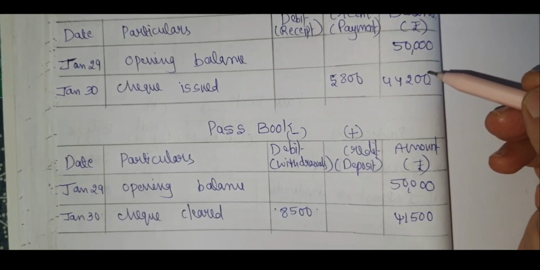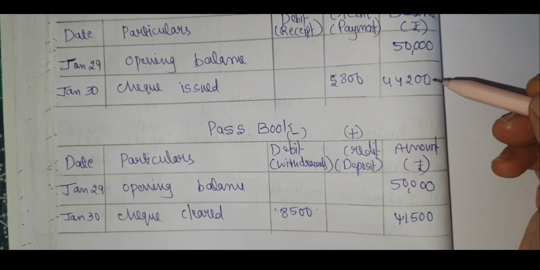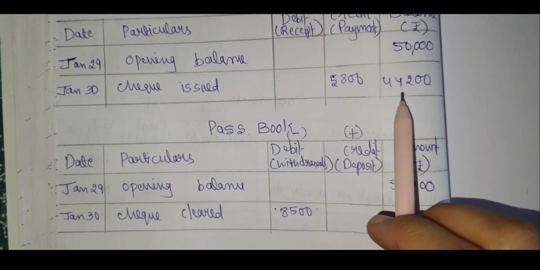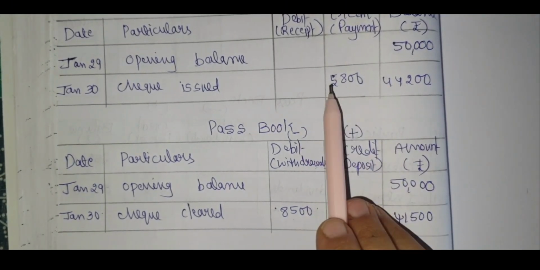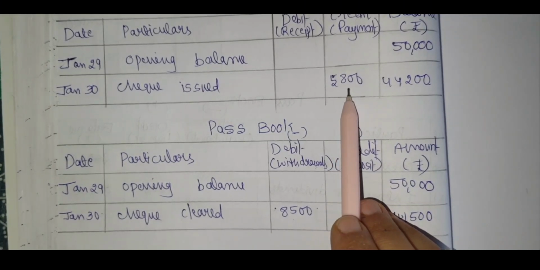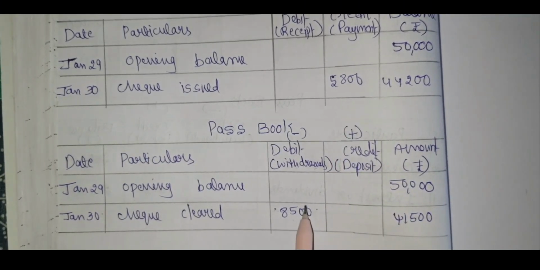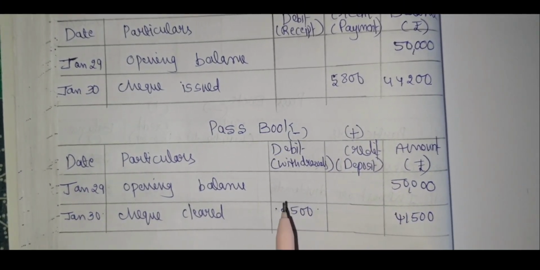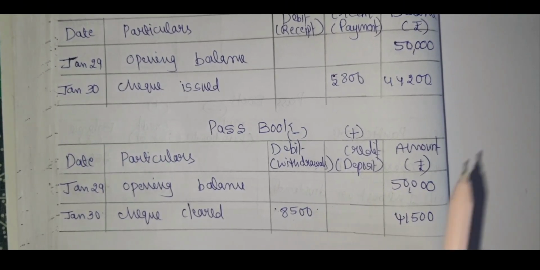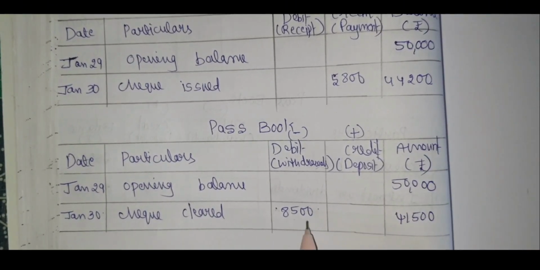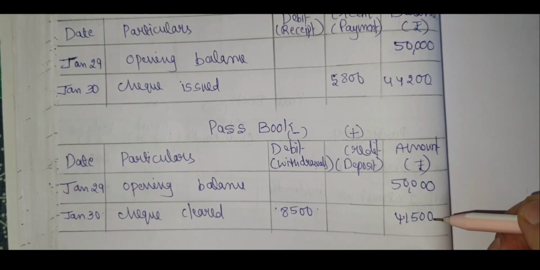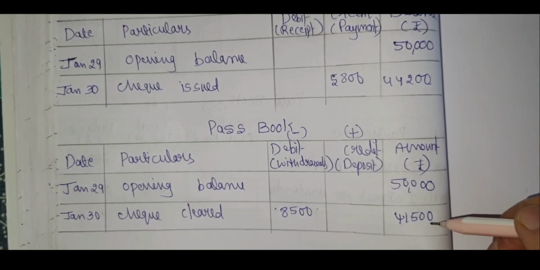Here the cash book balance is showing more balance, because they entered the wrong amount, rupees 5,800. But in the bank statement or passbook they entered the actual amount, rupees 8,500, so the balance shows less, that is rupees 41,500.